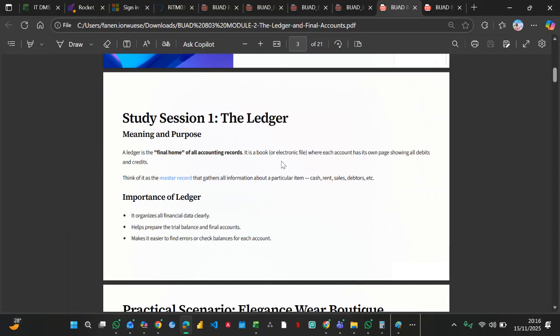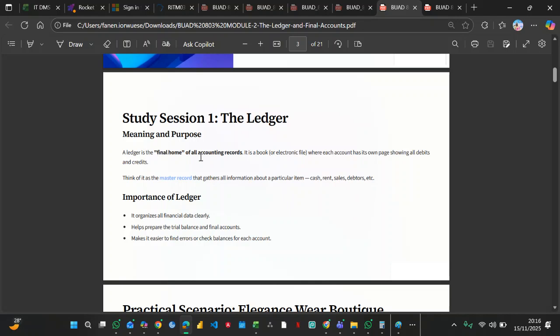It's a book or an electronic file where each account has its own page showing all debits and credits. Do you understand? You can think of it as the master record that gathers all information about a particular item, like the cash, the rent, the sales, and the debt. All these things are inside this book.